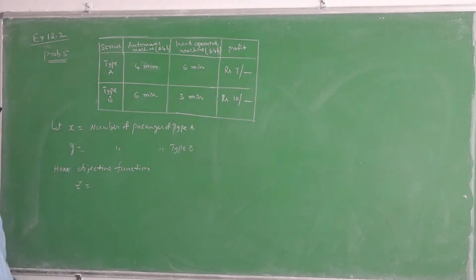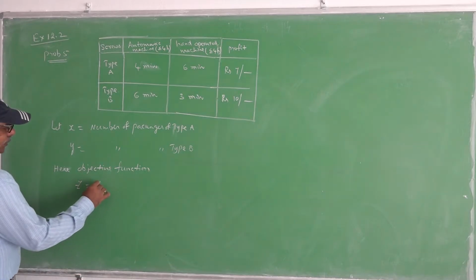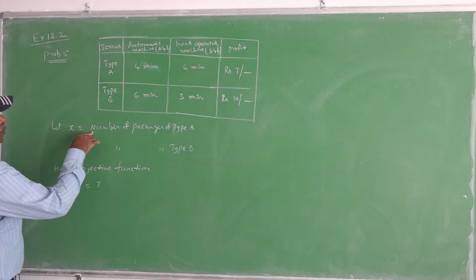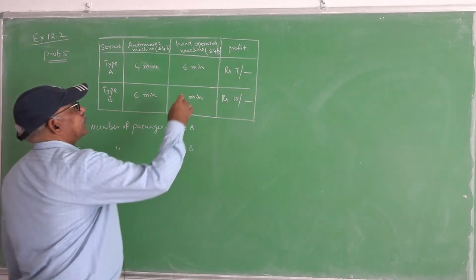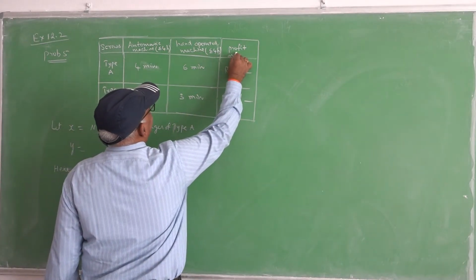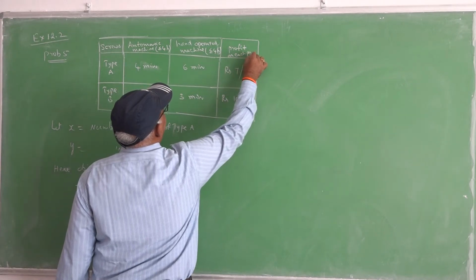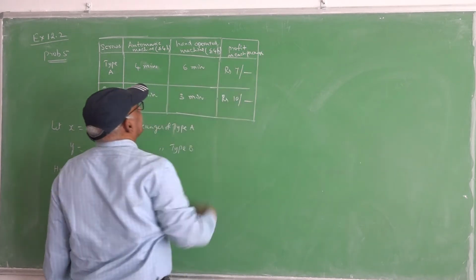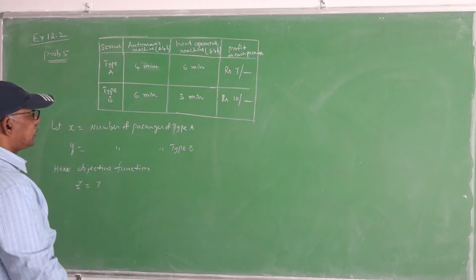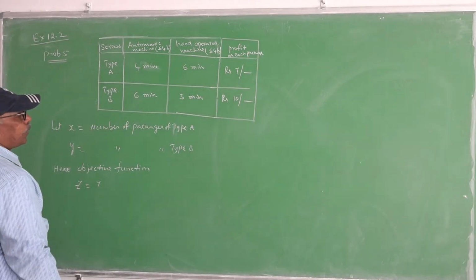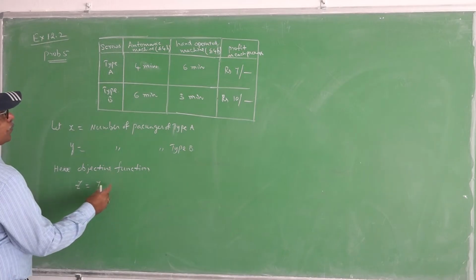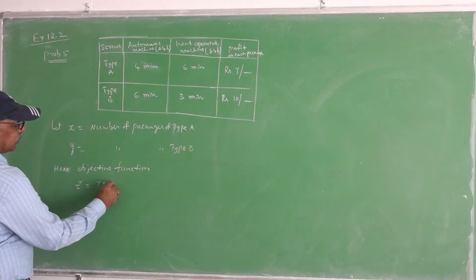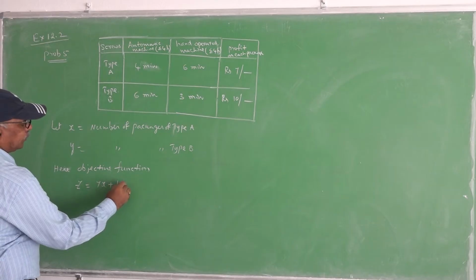Hence, let us take it as z equal to 7. For each package we are getting a profit: Rs 7 on type A and 10 rupees on type B. Hence, the objective function, the profit function, is 7x plus 10y.